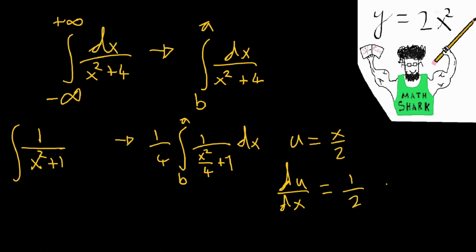And now to get dx, we do 2 du equals dx. So now we have dx in terms of u, and we have this term in terms of u as well. So let's get our new integral.